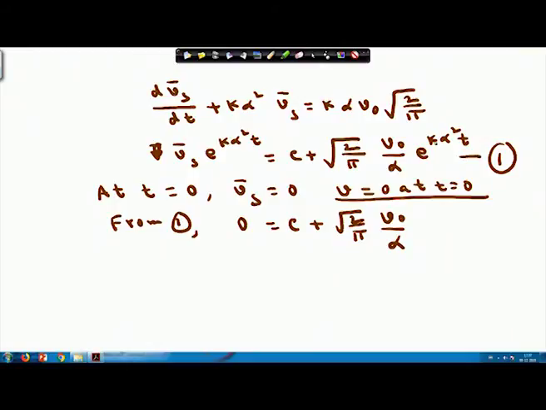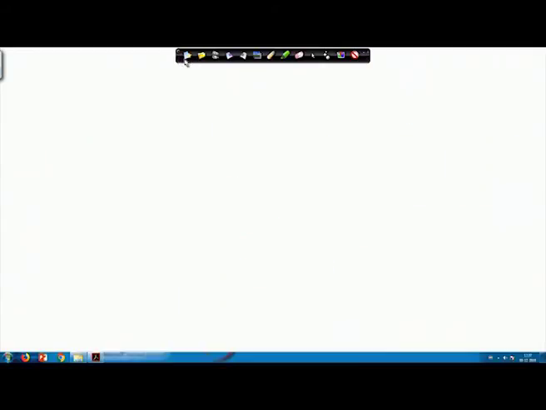So, you obtain the value of c as minus root over 2 by pi into v 0 by alpha. If I substitute this value in 1, I will obtain v bar s as root over 2 by pi into v 0 by alpha into 1 minus e power minus k alpha square t.